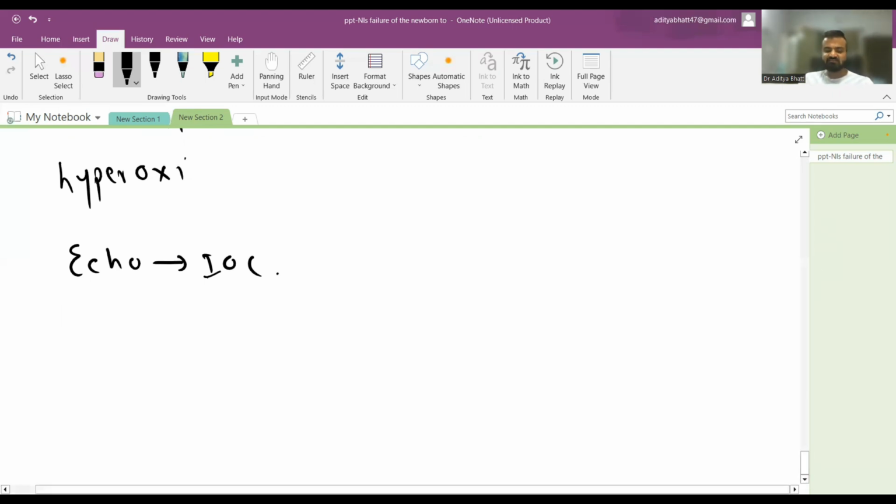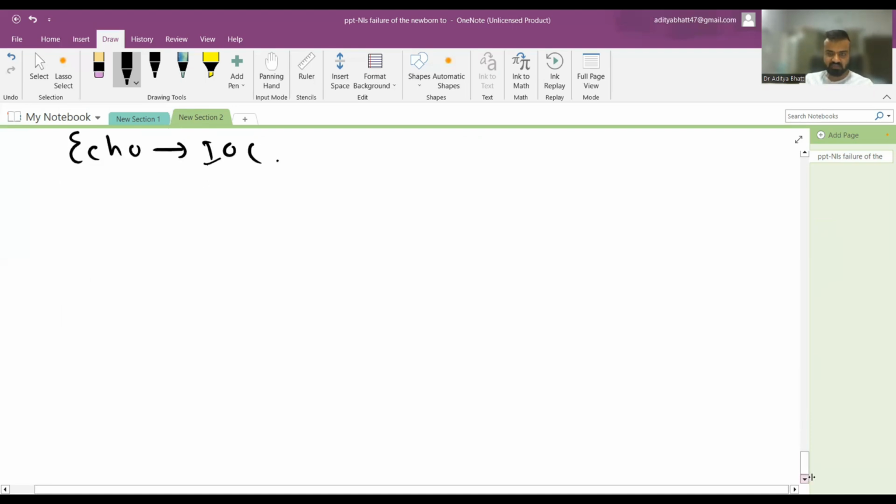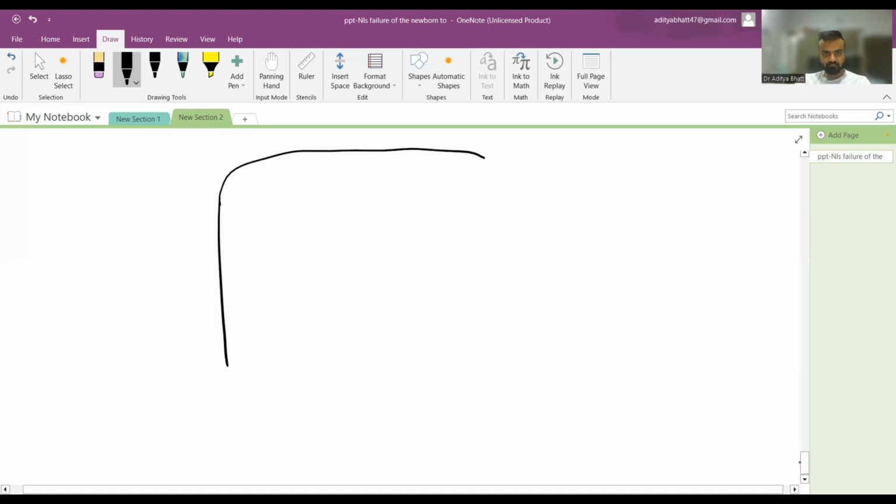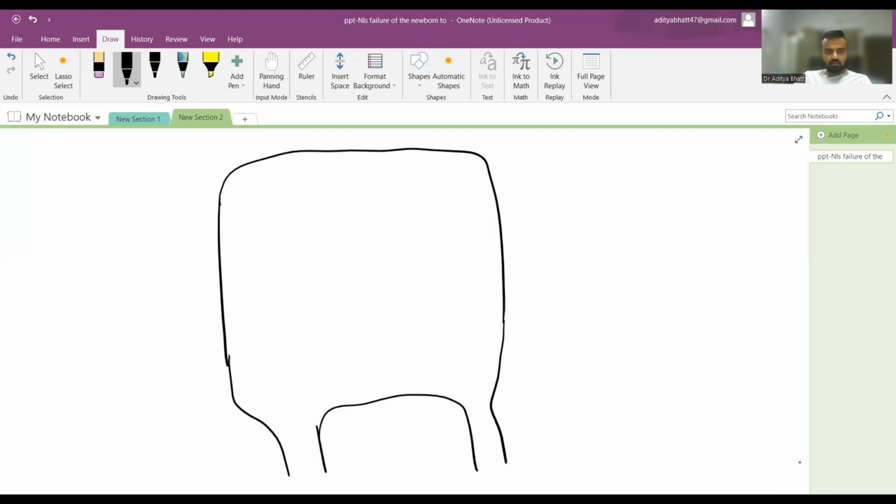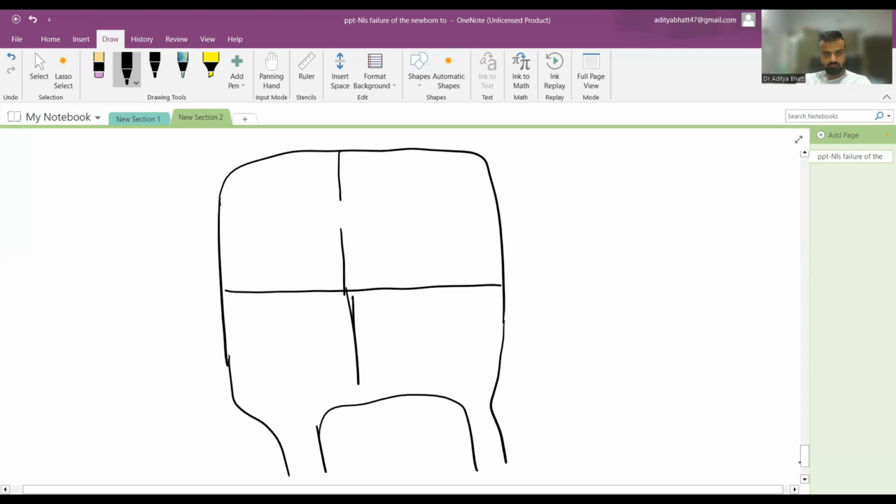It will also help us to see multiple things. Now, what are the findings of echo that are suggestive of PPHN? Okay, so let's draw another diagram. This is the normal heart.